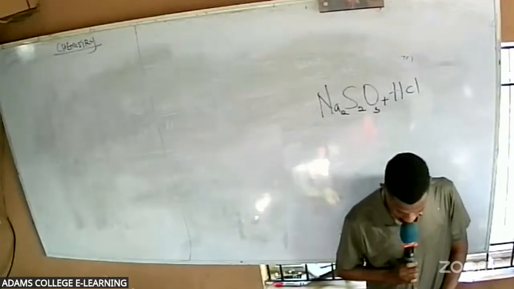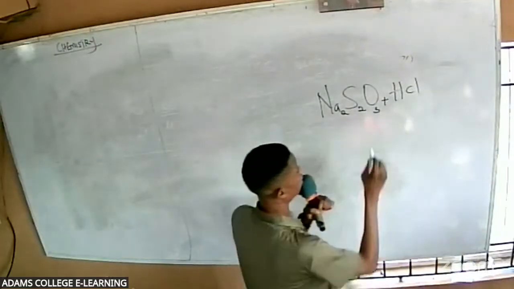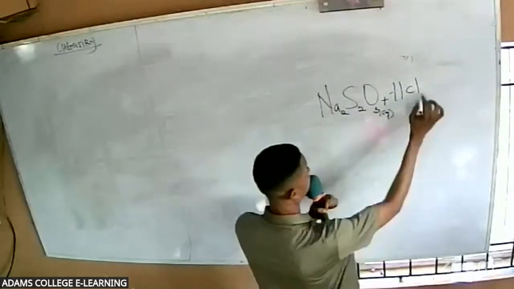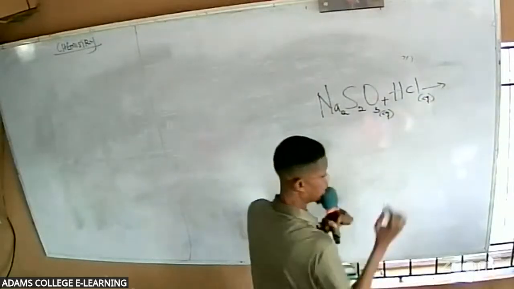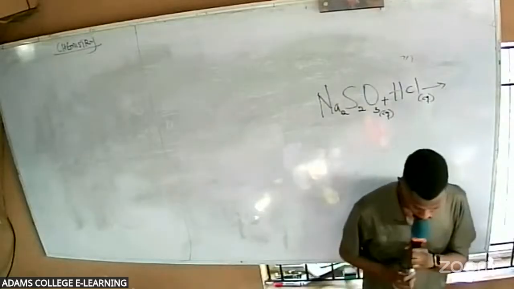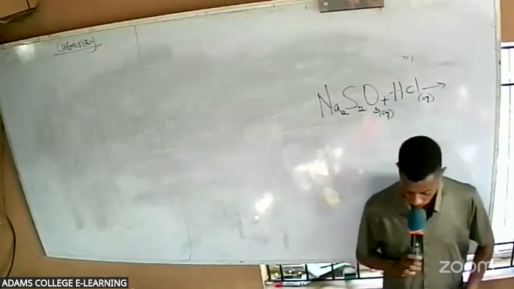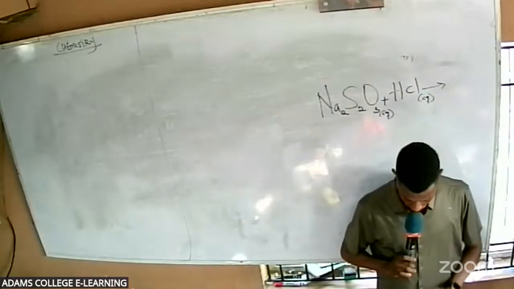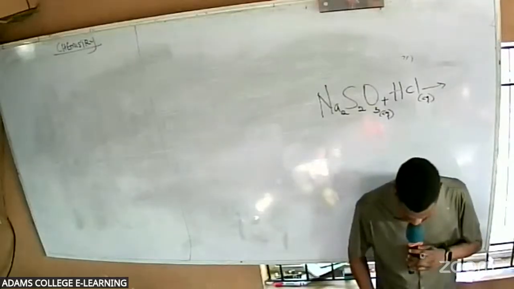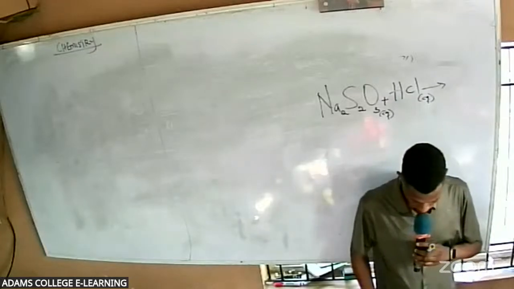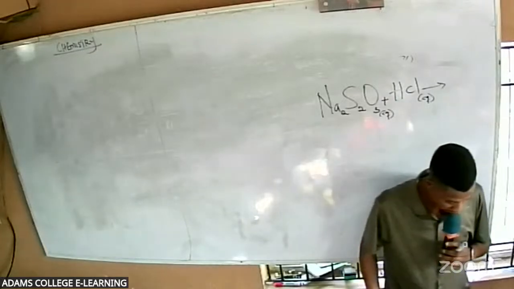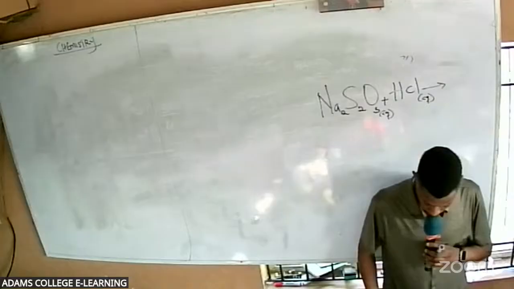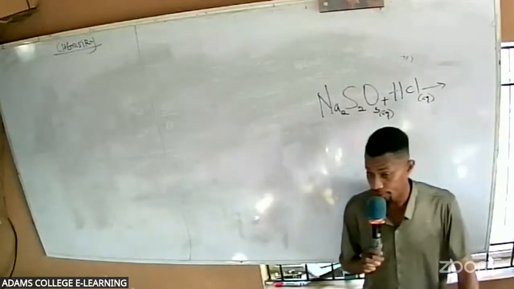Note that the HCl is aqueous. The two of them are aqueous. Then the products we are having are 2NaCl plus H2O plus SO2 plus S, which is sulfur.